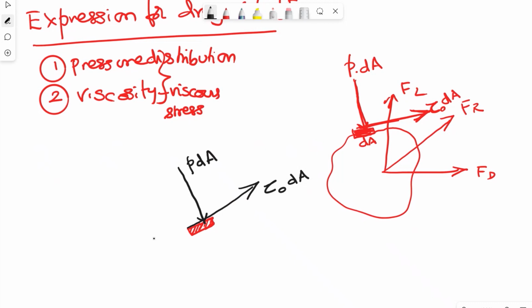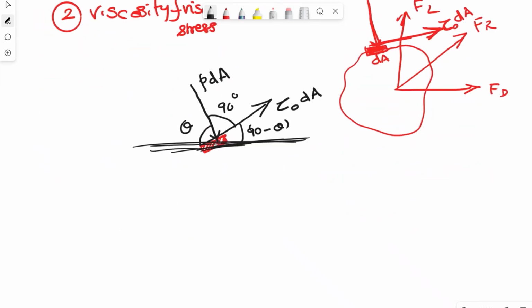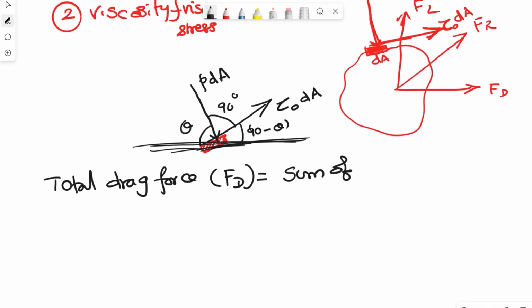Suppose I take the horizontal, and this angle I call theta, and this is 90 degrees, so naturally this will be 90 minus theta. Now let us analyze the forces. Take the total drag force, which I call Fd.